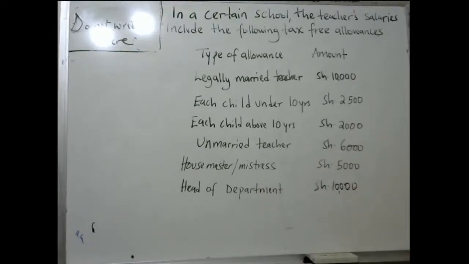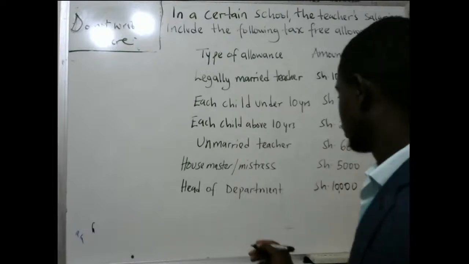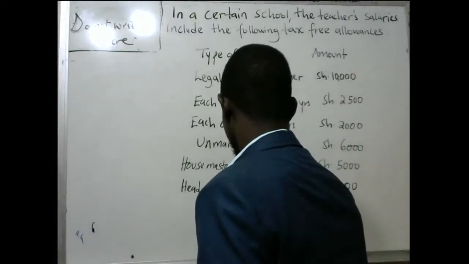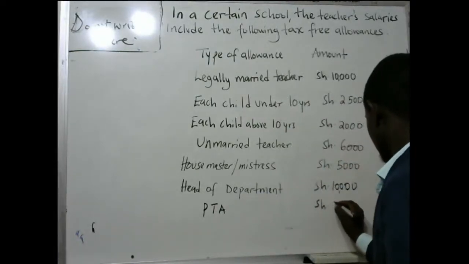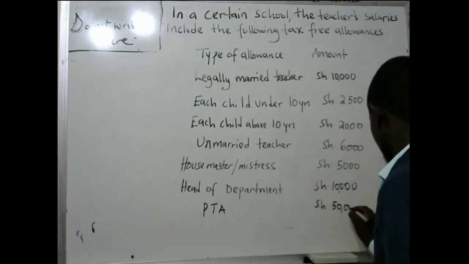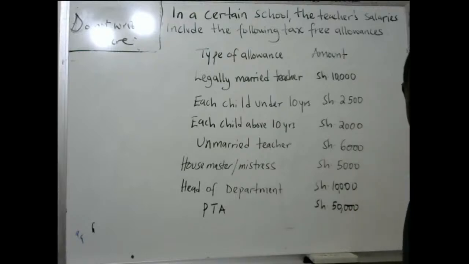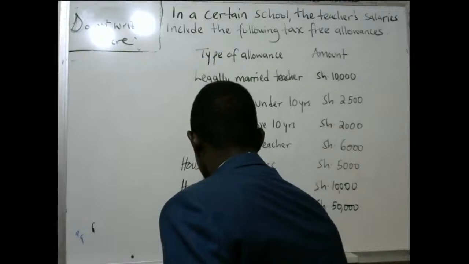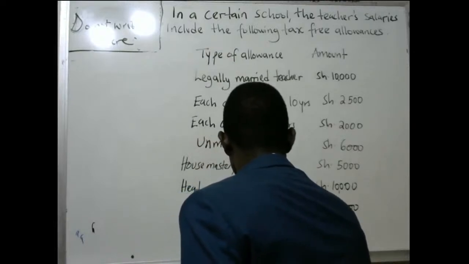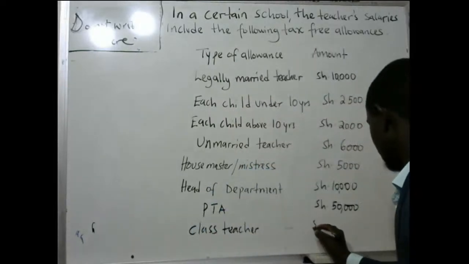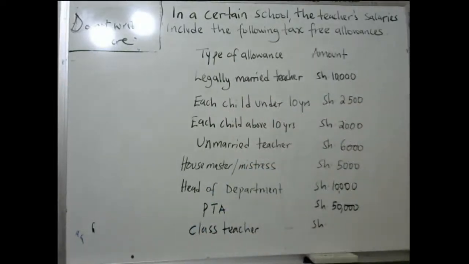Then to continue, PTA of shillings 50,000. And lastly, if a teacher happens to be a class teacher, he will receive an allowance of shillings 5,000.